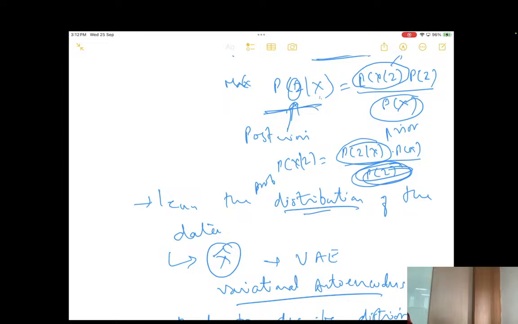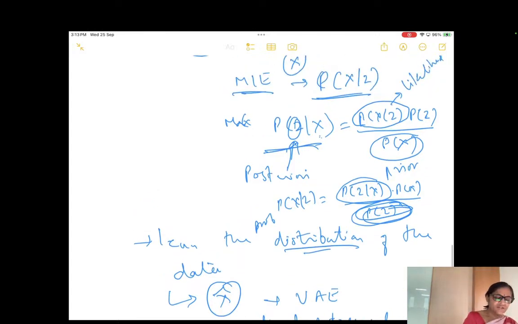The variational autoencoder is capturing the distribution of the data. So how do I do it? Instead of maximizing its occurrence, instead of just doing this likelihood, you are doing this, and you also need this.